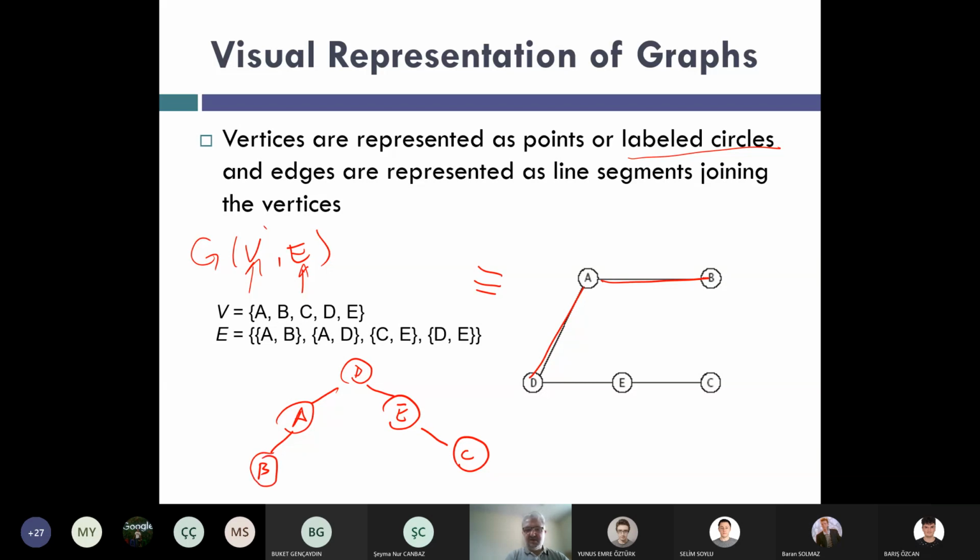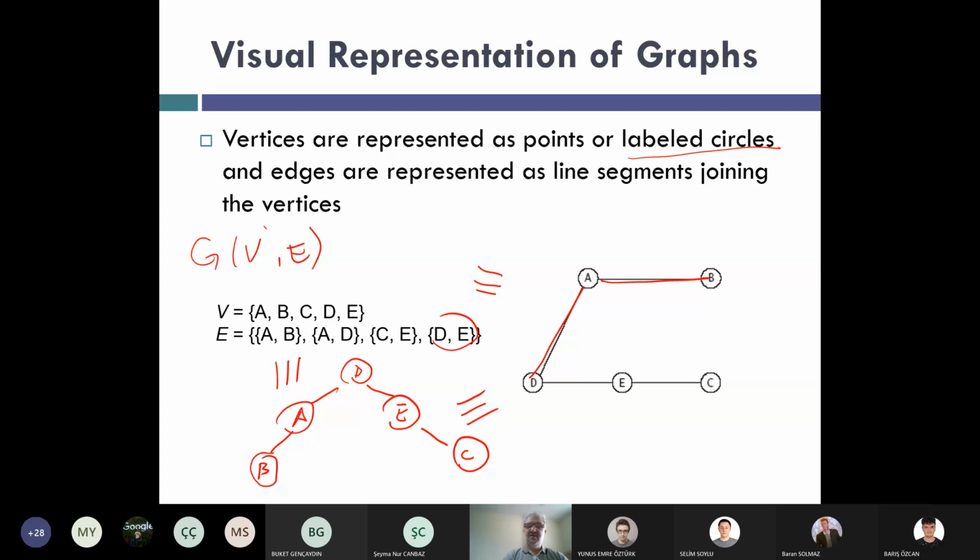Right? This is the same graph since it has the same vertices and same edges. As you see, this edge is here, this edge is here, this edge is here, and this edge is here. So all the edges are represented and nothing more. So these two representations are equivalent.